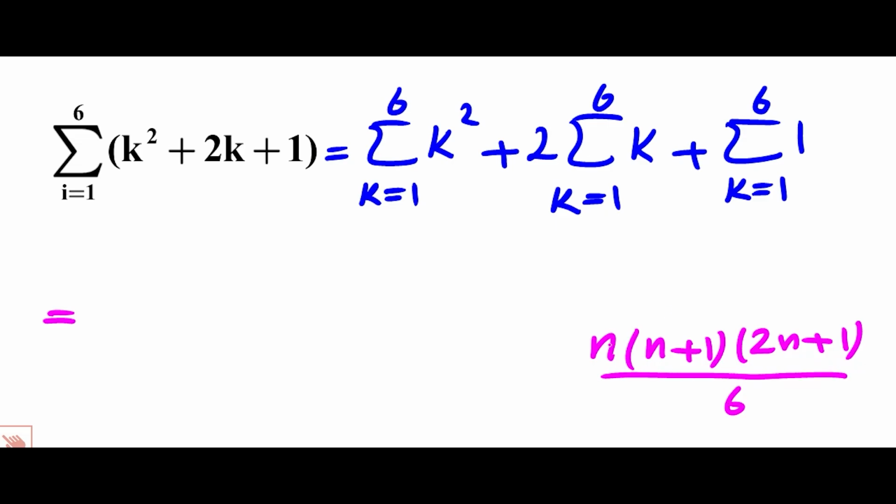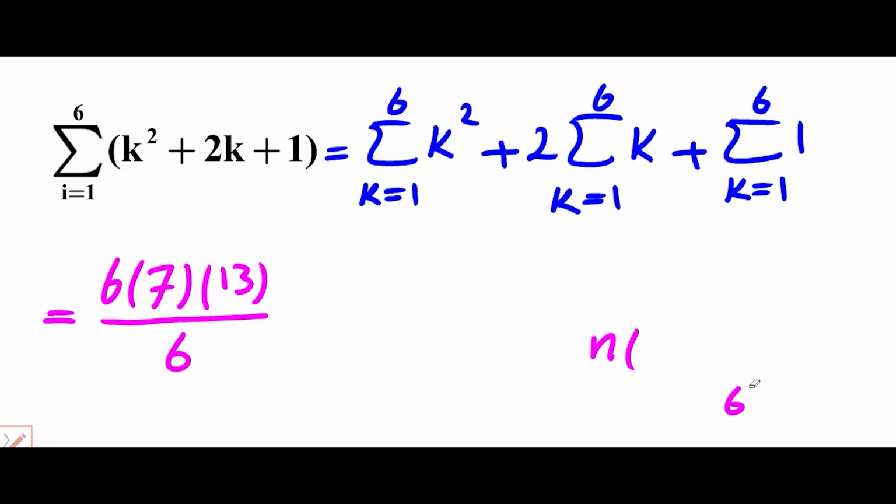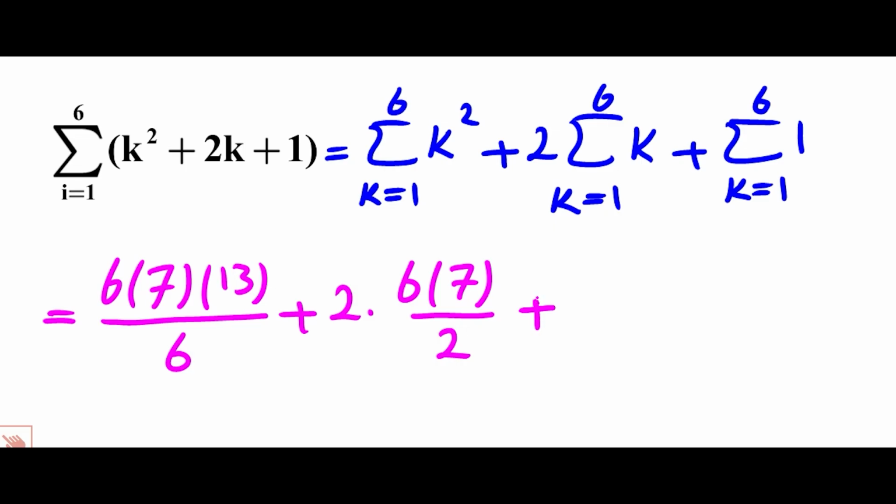In this case, n equals 6. So we have 6 times (6 plus 1, which is 7) times (2 times 6 plus 1, which is 13) over 6, right? Plus 2 times the sum of k from k equals 1 to 6 equals 6 times (6 plus 1, which is 7) over 2 plus the sum of 1 from k equals 1 to 6, which is 6.